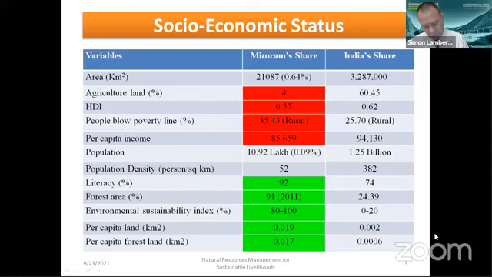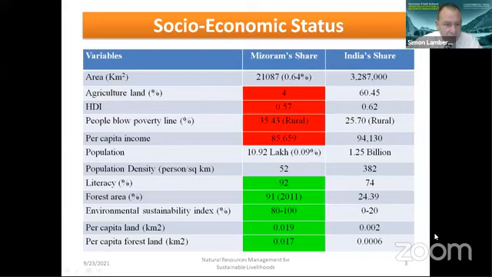So before that, I'm going to talk about the natural resources and their use pattern and management. I would like to show you here one very important data, that is socio-economic status. There are two areas you can see, one is gray area and one is green area.